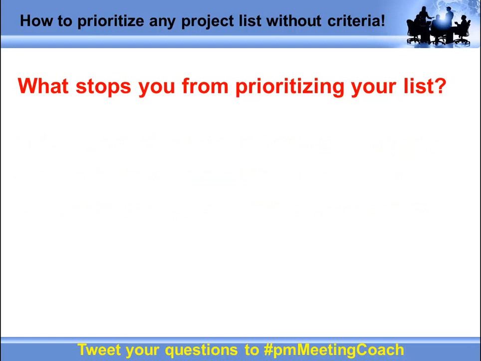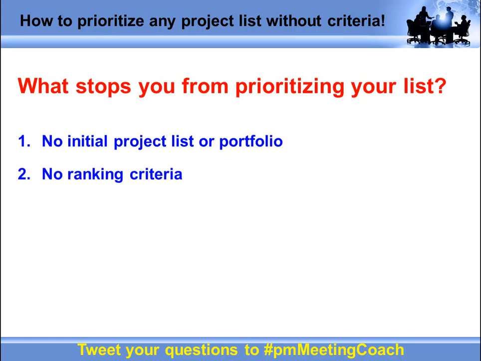So, first I would like to know, what is it that is stopping you from prioritizing your list or your portfolio? These are some of the answers that I typically get. Number one is no initial project list or portfolio. That seems obvious, but if you're going to prioritize a list of projects, you have to have one to start with. Another thing that stops people from prioritizing lists are no ranking criteria.